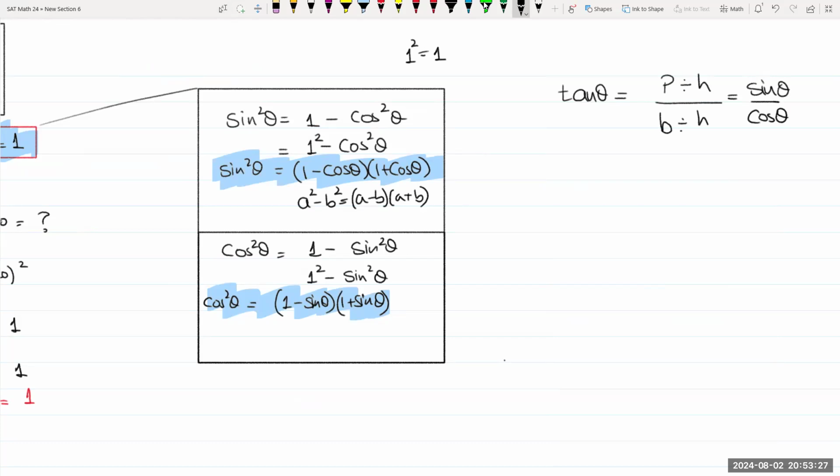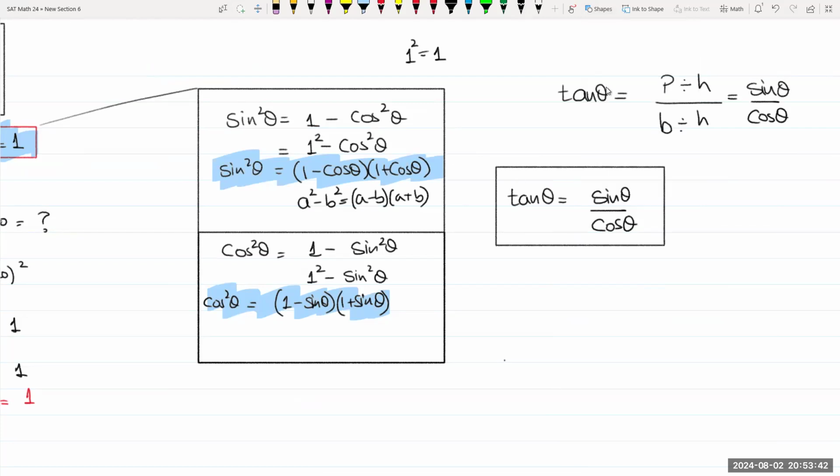So there's a rule: tan theta is sine theta over cos theta. So that's the last identity that you were required to memorize. Tan theta is equal to sine theta over cos theta. Last identity, guys.